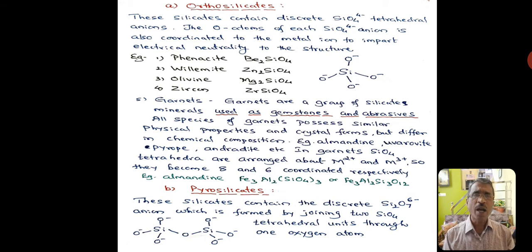Coming to another silicate called the pyrosilicates. These silicates contain a discrete Si2O7 having 6- charge. The anion is formed by joining 2 silicate tetrahedral units through 1 oxygen atom.